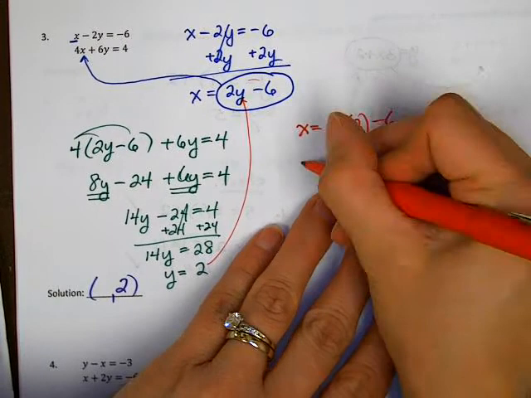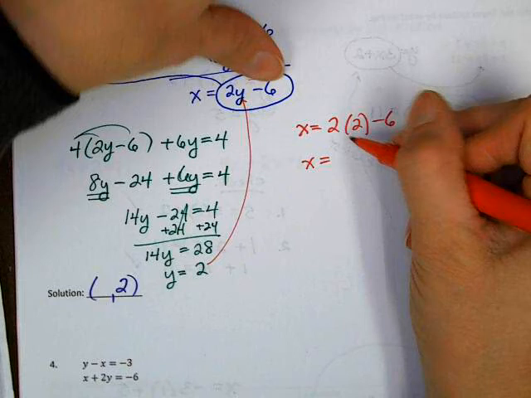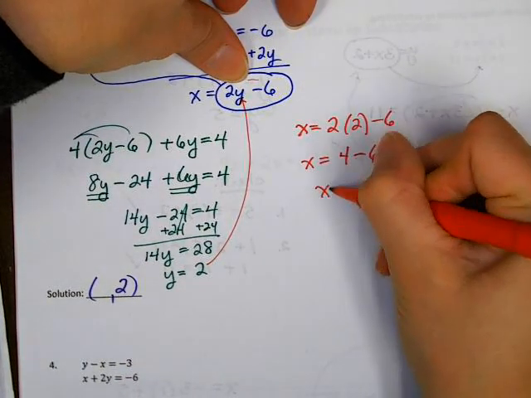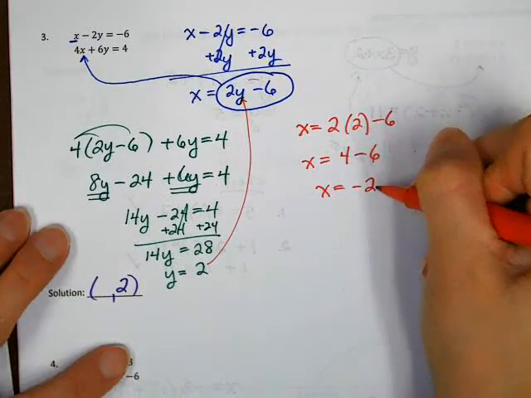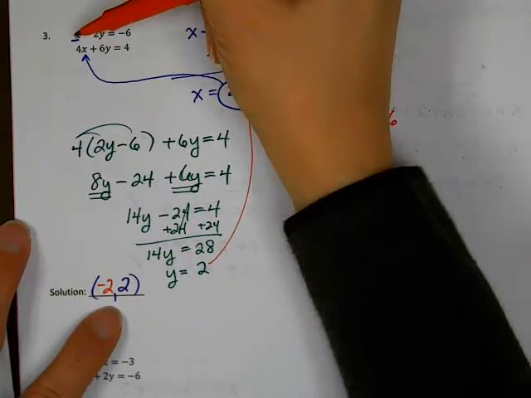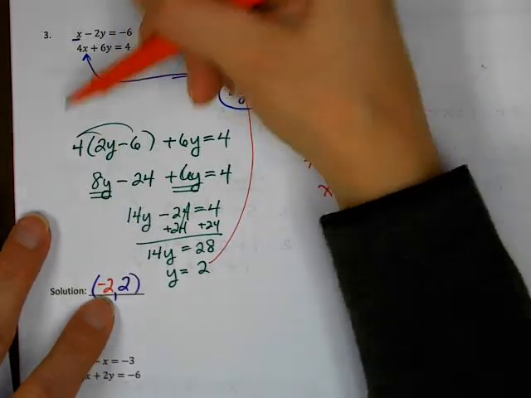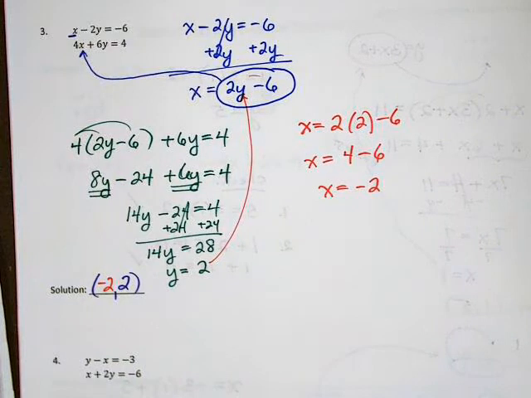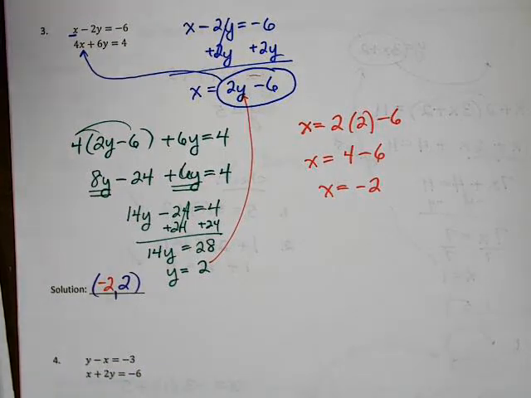I always feel a little bit like a cheerleader when we do this section. 2 times 2 is 4 minus 6. x is equal to negative 2. And remember, you can check this simply with your calculator. If you type these numbers in for the x and the y, they both should work. I highly recommend checking.